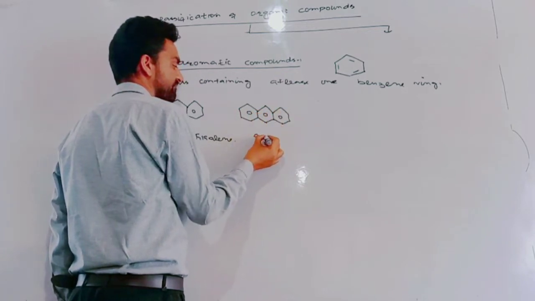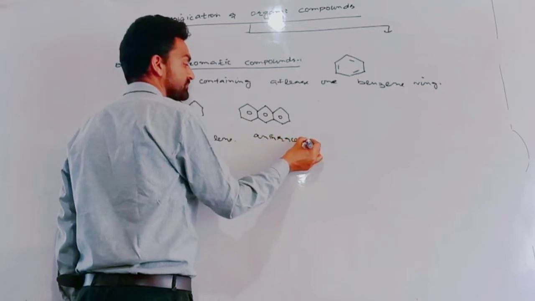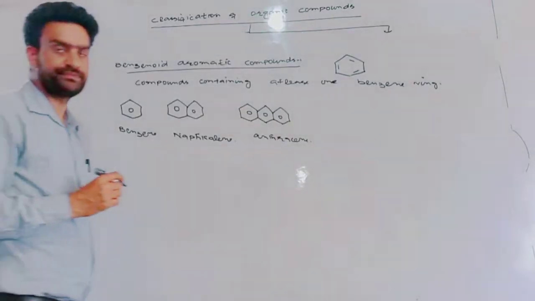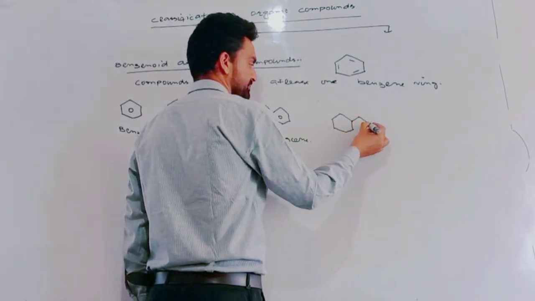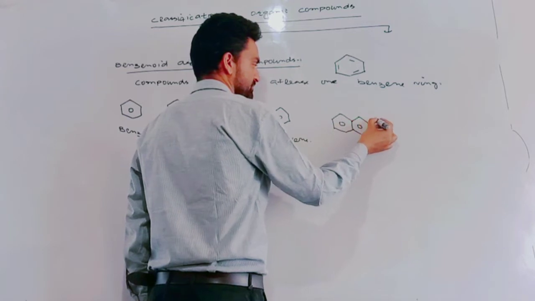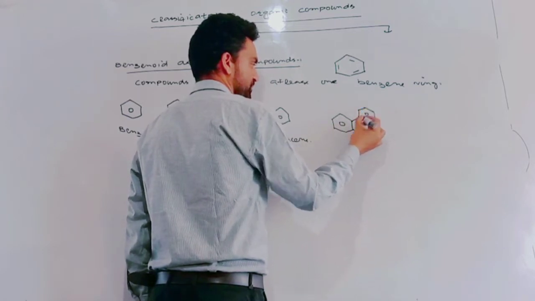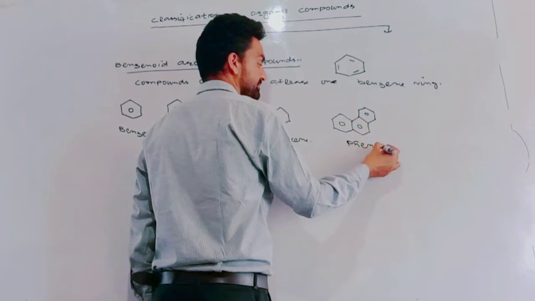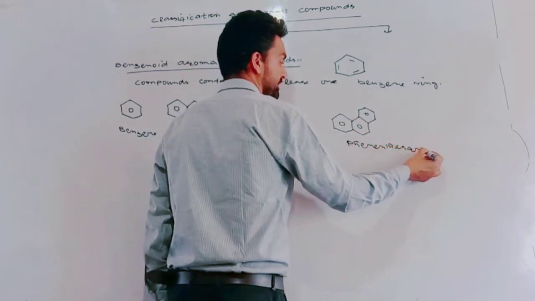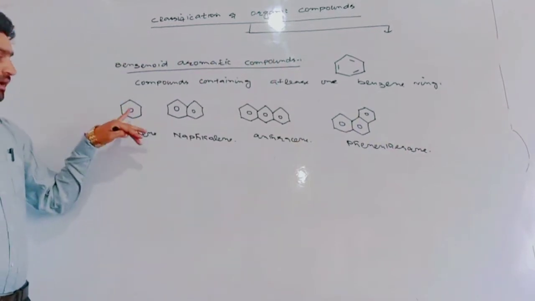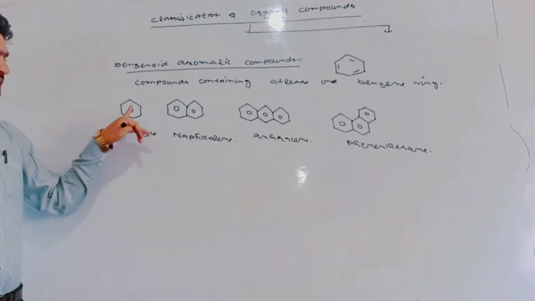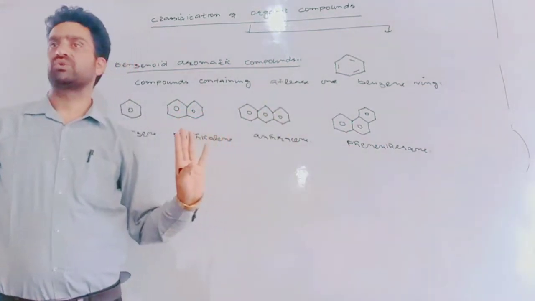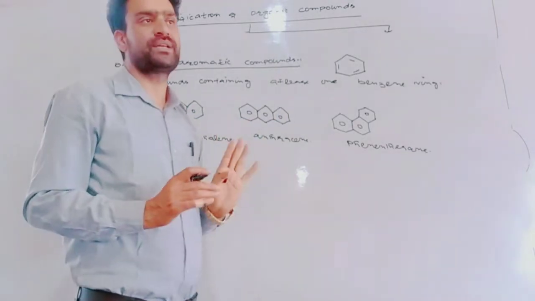And this compound is anthracene. Clear? What's the name of this compound? Phenanthrene. See, every compound contains benzene rings. Here is one benzene ring, here two, here three, there also three. So these compounds we call benzenoid aromatic compounds. Clear?